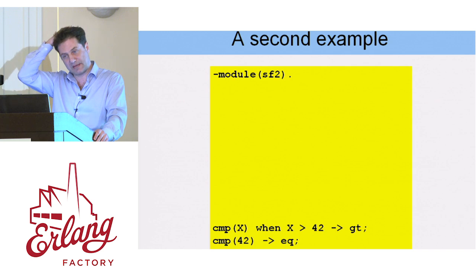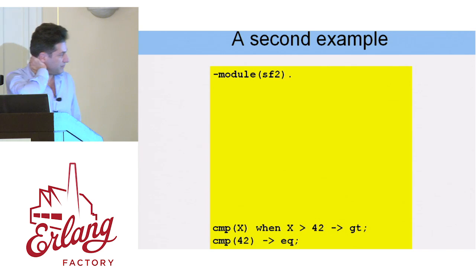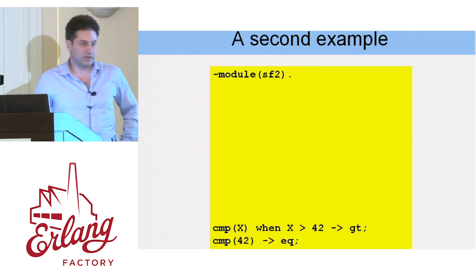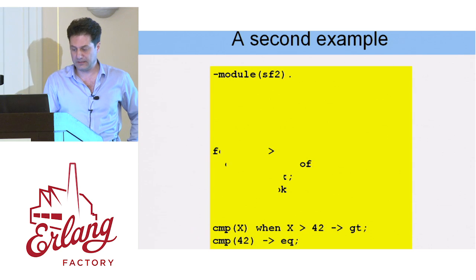Let me show you another example, just to illustrate what's happening. Here is a variation of the previous one. We have a compare function that checks whether its result is greater, matches exactly, or is less than 42, and returns an appropriate atom for that sort of thing.